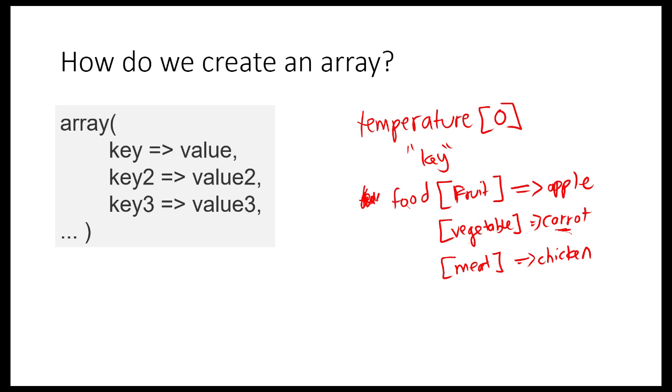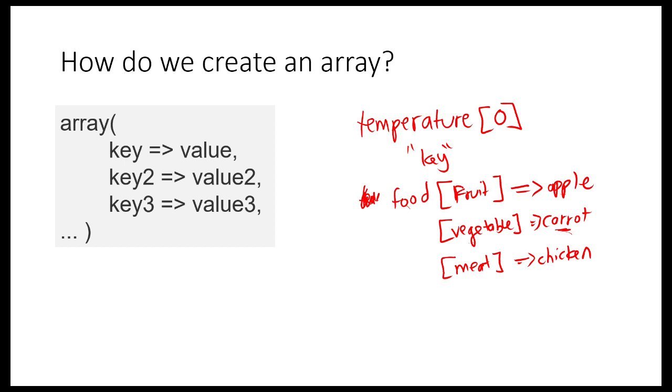And so this is useful when we have data that's more structured, and we want to give each piece of data a larger meaning. So, for example, maybe I have a database of computers.